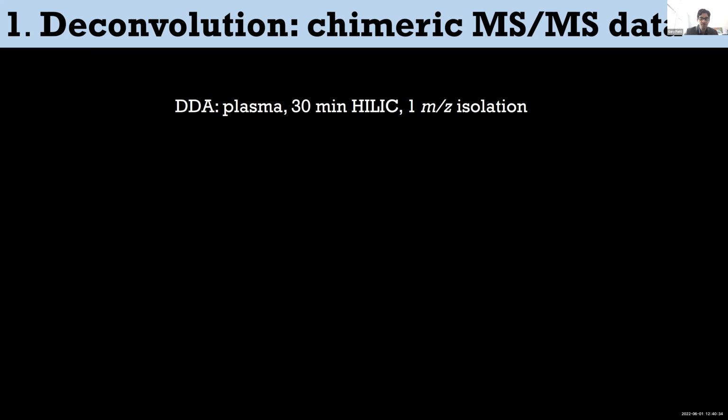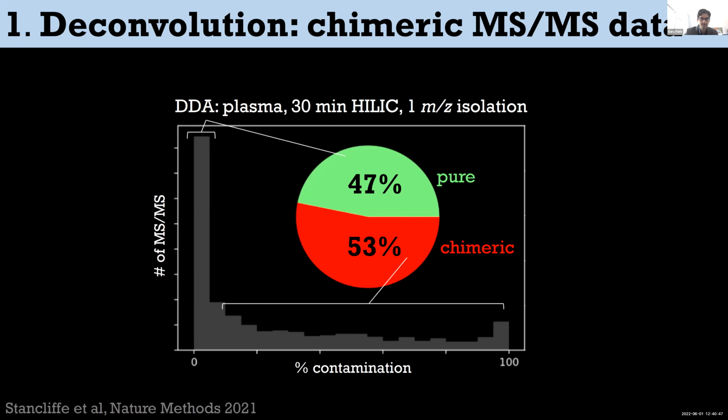Here we do the same kind of analysis using human plasma, 30-minute separations with HILIC, but instead of using a 20 m/z isolation window, now we use a 1 m/z isolation window. What kind of chimeric data do we see there? The important point here is that we still see a significant fraction of chimeric data. About 53% of the MSMS spectra still have some type of contamination from other precursor ions.